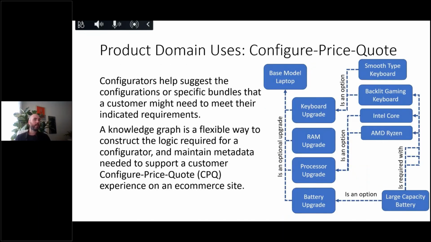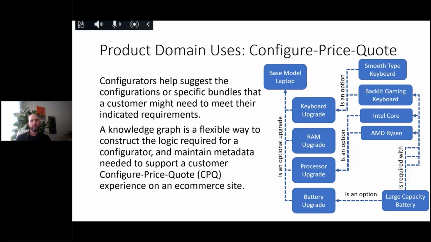Next would be a configure price quote engine. So when you're purchasing a complex product that has multiple optional upgrades or different parts bundles, having these relationships explicitly mapped in a knowledge graph can help make this technology run.